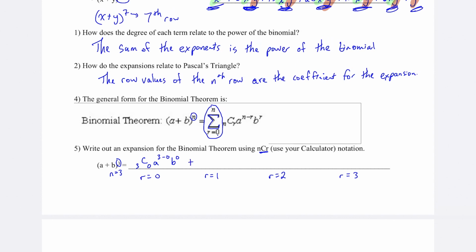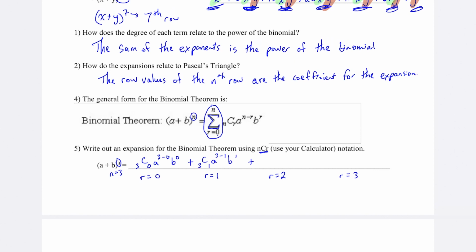So now we put a plus symbol, and now we're going to test out r equals 1. So now n is 3, choosing 1. And then we have a to the power of n minus r. n is 3, and in this situation r is 1, so 3 minus 1. And then b to the power of r, which is 1.